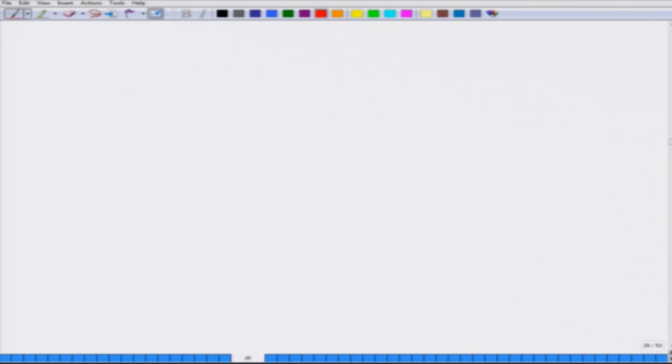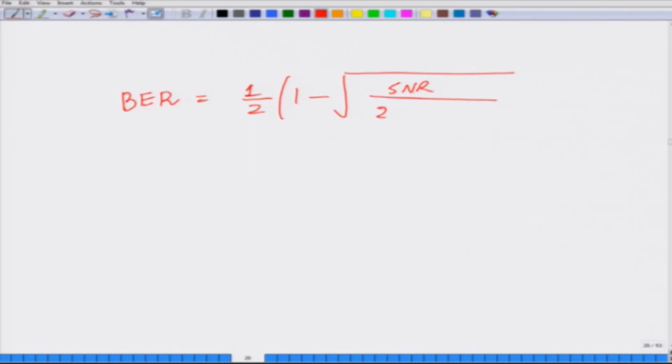Therefore, the bit error rate of the wireless communication system is half times 1 minus square root of SNR divided by 2 plus SNR.